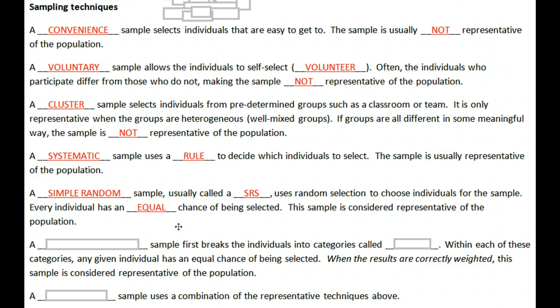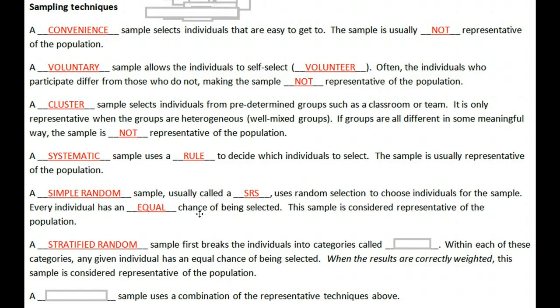Whenever we think of most of the formulas or what makes a lot of the techniques work, it's usually because we're dealing with a simple random sample. The easiest way to explain this is drawing names from a hat, and we'll get into more of the SRS stuff later. But for now, a simple random sample is where everyone has an equal chance of being picked.